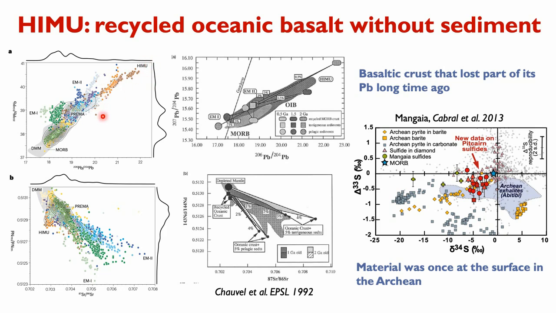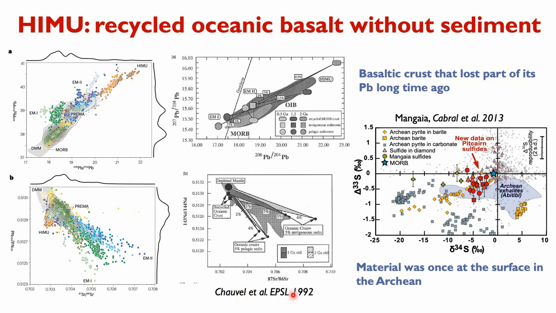I think there is quite a general agreement that to obtain this kind of value, you need to have a material that has lost a lot of lead relative to thorium and uranium, and a long time ago. Otherwise, you cannot have such a highly radiogenic composition. And how can you do that?